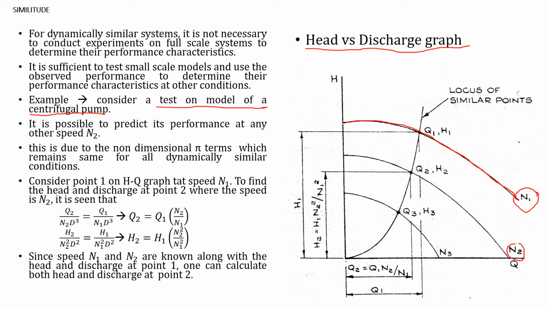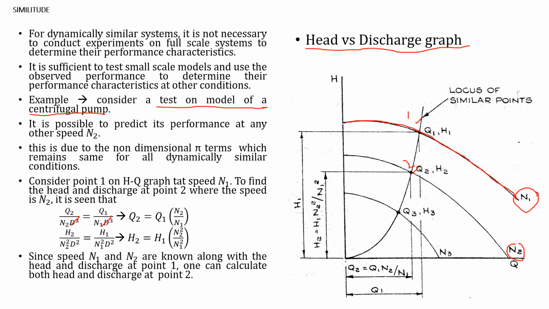Flow coefficient is nothing but Q by N D cube. I will apply this at 2 points. I'll call this point number 1 and this point number 2. So Q2 by N2 D cube is equal to Q1 by N1 D cube. Since we are using the same centrifugal pump, the diameter cancels.